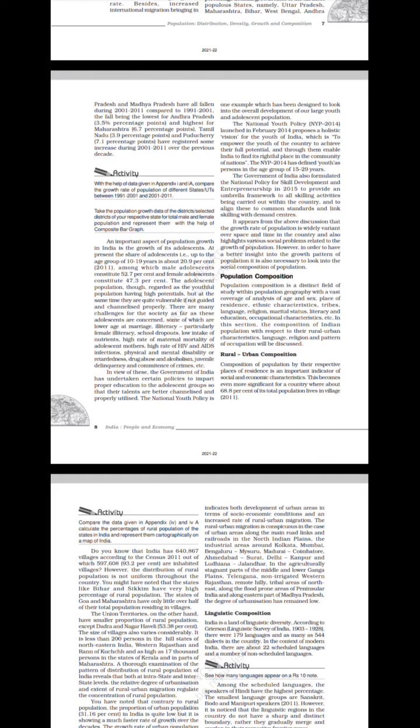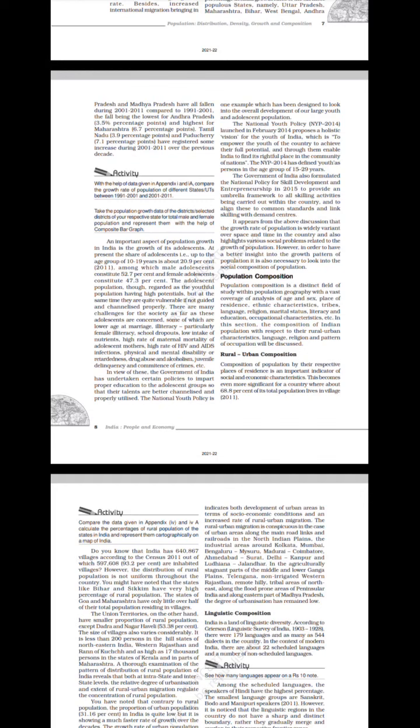It appears from the above discussions that the growth rate of population is widely varying over space and time in the country and also highlights various social problems related to the growth of population. However, in order to have a better insight into the growth pattern of population, it is also necessary to look into the social composition of population.